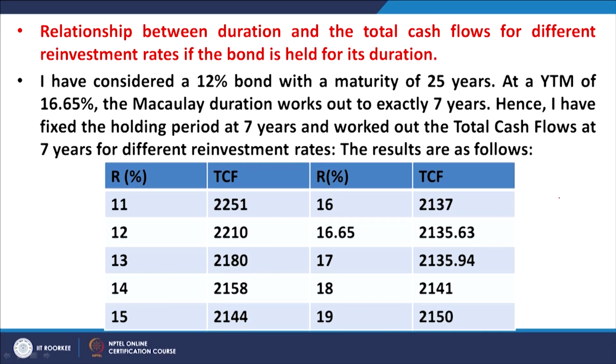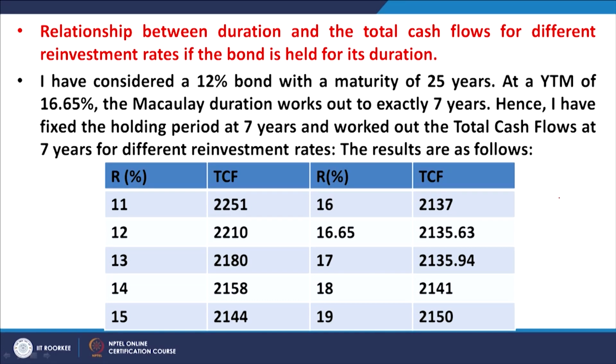If the reinvestment rate is 16.65%, which is the YTM at which I have made the investment, the total cash flow is 2135.63, and if the reinvestment rate is 17%, the total cash flow is 2135.94. Now, there are two very important observations from this.